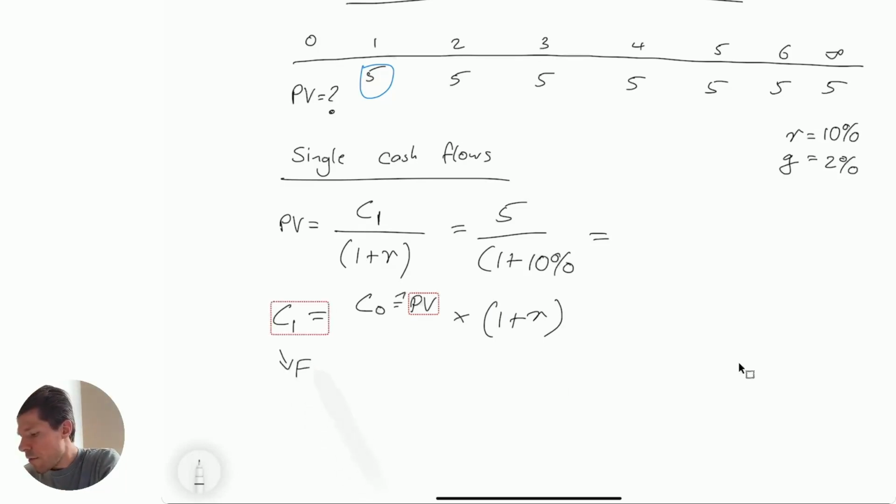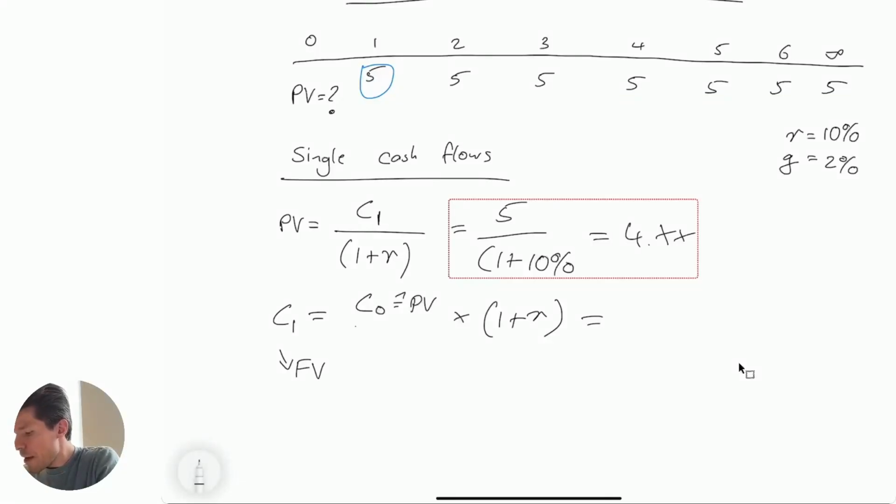So here future value, C0 cash flow in year 0 or present value, and then we move money through time. Whatever this number is, 4 point something, 4.xx, if we do the same here, 4.xx times 1 plus 10%, we would arrive at 5.